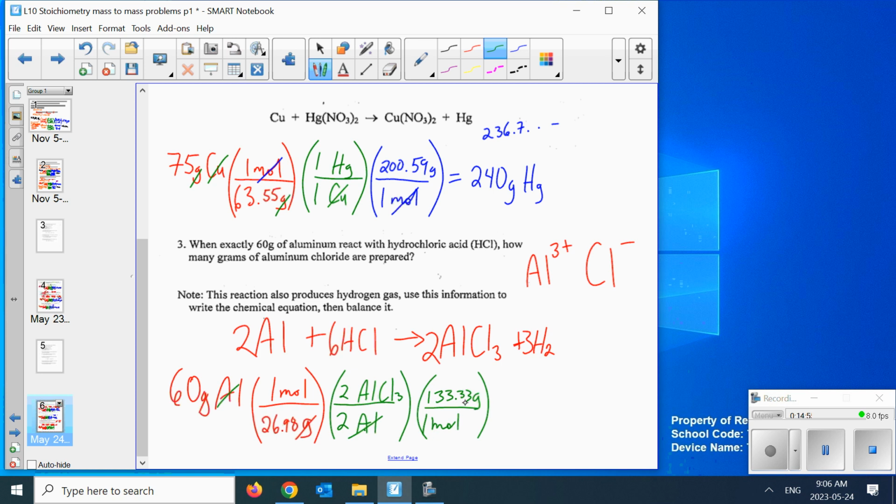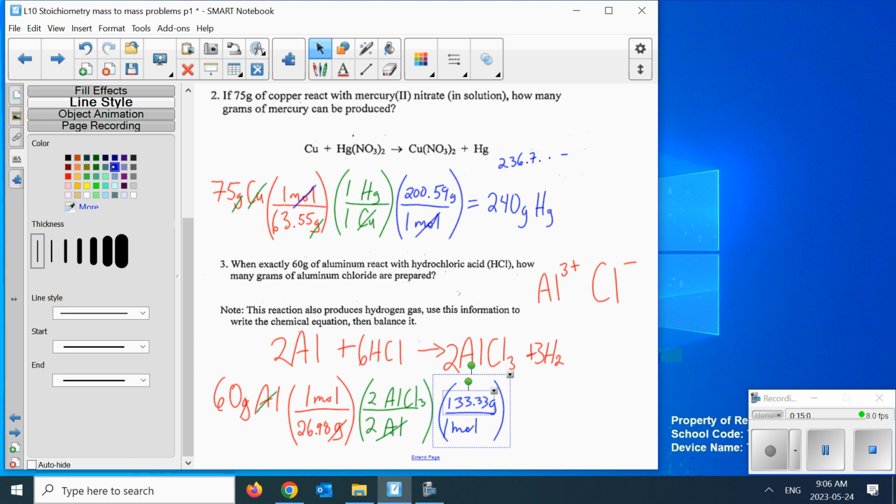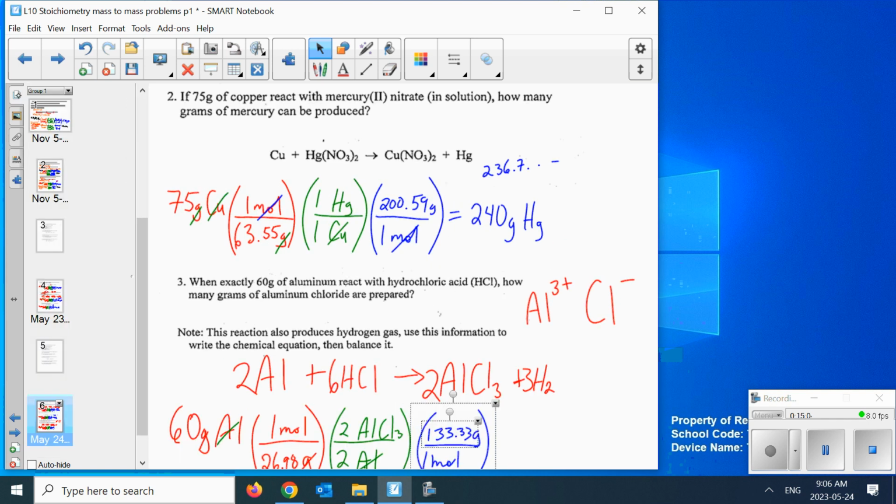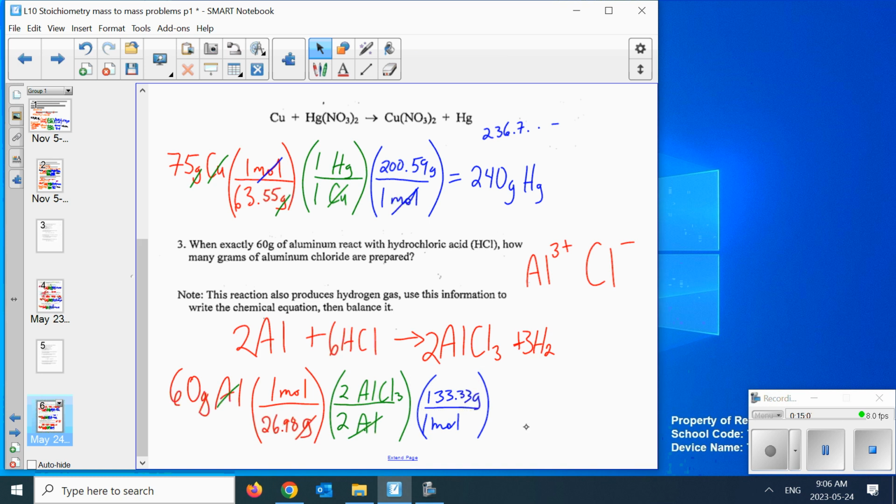I guess I didn't change that color there. I usually use blue for these steps. 60 divided by 26.98 times 2 divided by 2. If I recognize that's just 1, I don't need to enter it, but put times 2 divided by 2. Times 133.